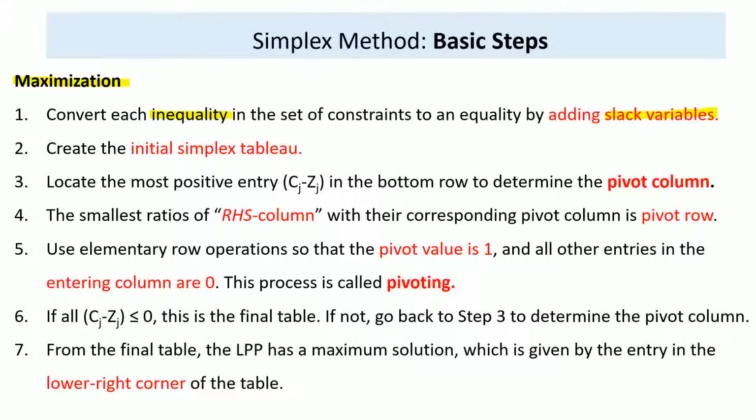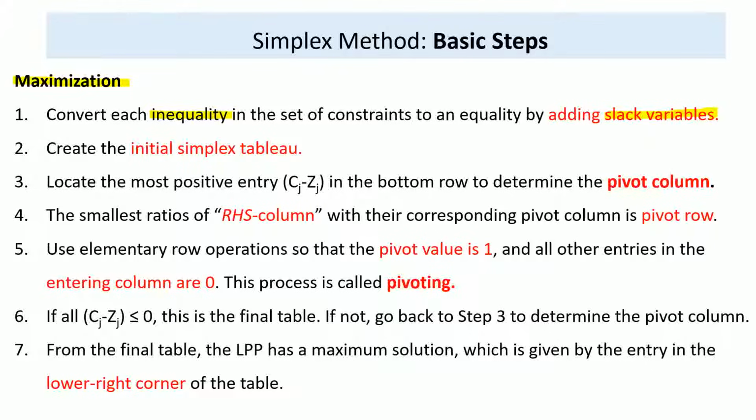So here, because in standardized maximization the constraints are less than or equal to, the constraint functions are expressed with less than or equal to, so we have to add a slack variable to make it equal to. And after standardization, after converting all the constraints into equalities, we have to create the initial simplex tableau.